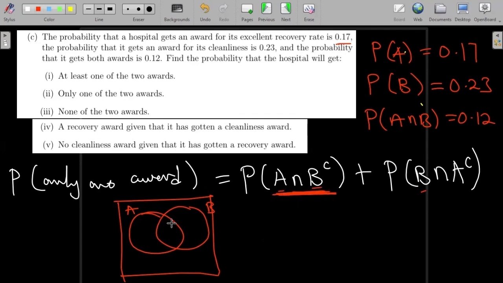First of all, I'm going to shade the part A in yellow. Then this part is intersecting with the B complement. The B complement is everything that is not in B, so it will be everywhere here, as long as it's not in B. So everything that is outside B like that.